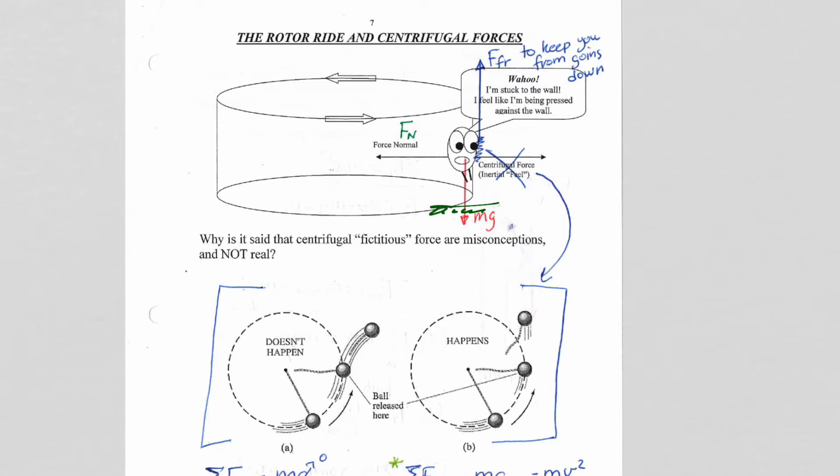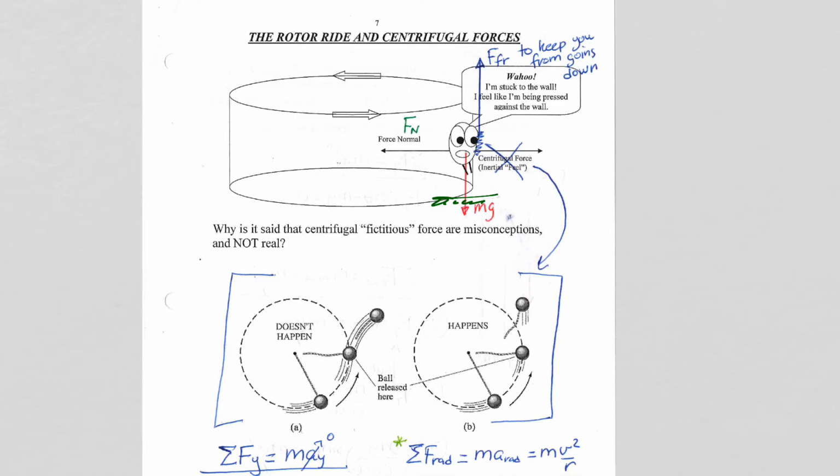Why is it you are stuck to the wall? Well, what you feel when you're inside the Gravitron, if you're not really thinking about physics or what's actually going on, you think you are being pulled outward by this centrifugal force, which we never want to put into a problem or show the AP grader. So remember what is actually going on: there is a radially inward force only.